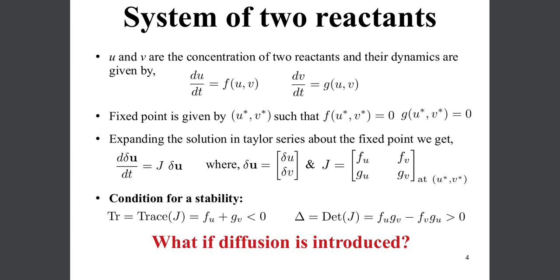As it is a 2 cross 2 matrix, the trace of the matrix is the sum of the two eigenvalues, and the determinant is the product of the two eigenvalues.